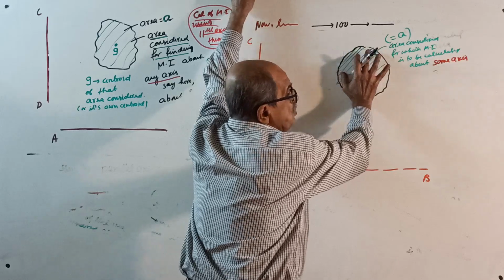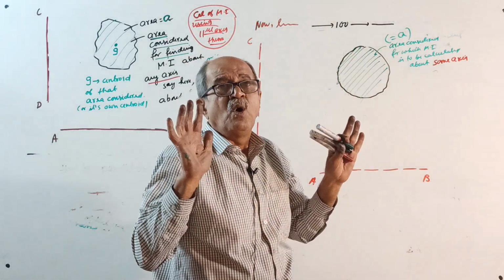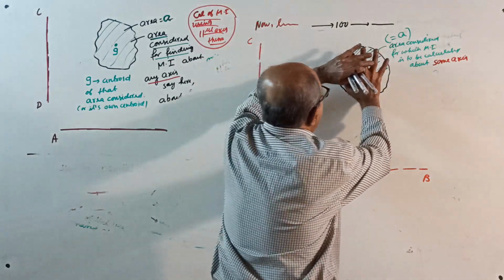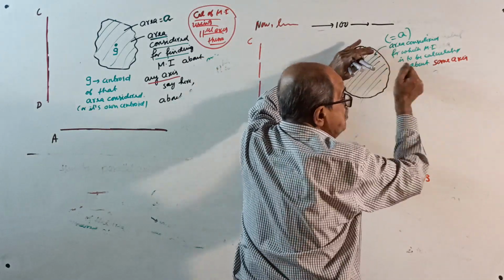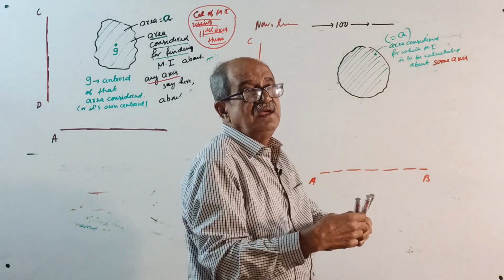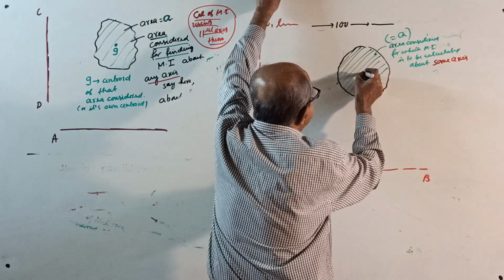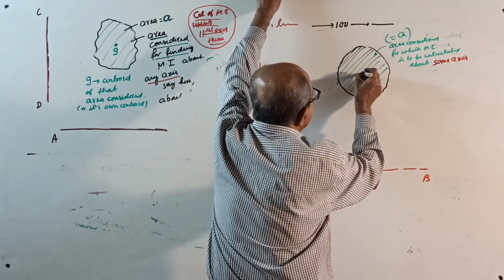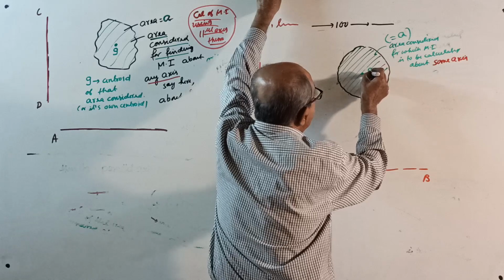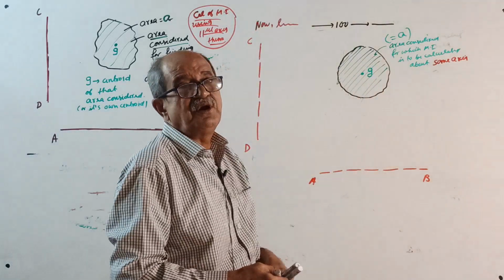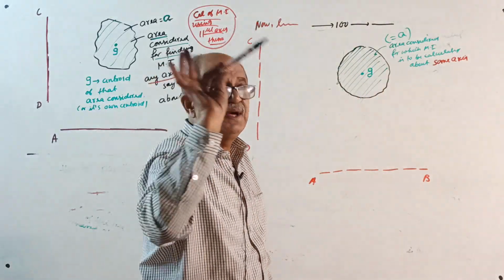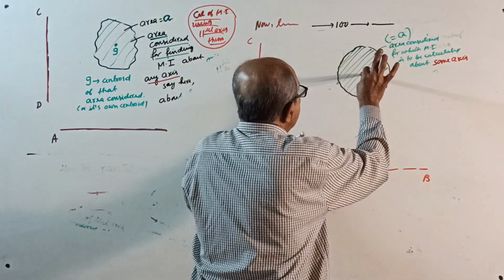So in the mind it should come, I want moment of inertia of this area. Okay, firm in the mind. Take a pencil, come to its centroid, G, small g, not capital G. Put the pencil there, this way.